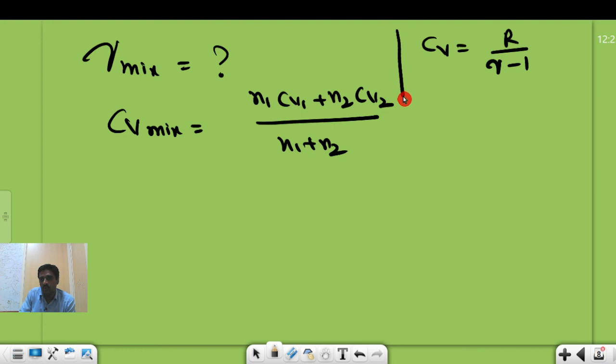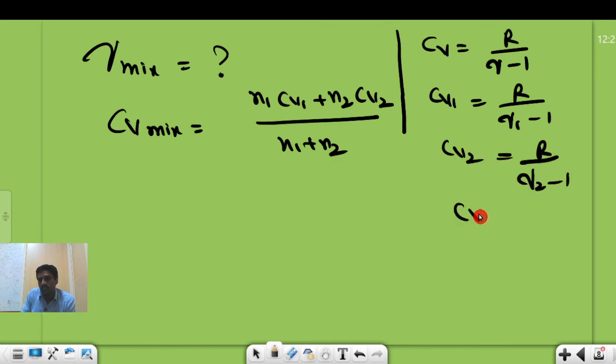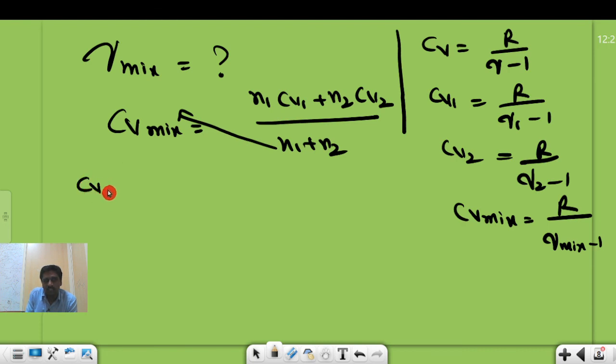This formula is known. Now Cv1 is equal to R divided by (gamma1 minus 1), Cv2 is equal to R divided by (gamma2 minus 1), and similarly Cv mix is equal to R divided by (gamma mix minus 1). Using this, Cv mix into (n1 plus n2) is equal to n1 Cv1 plus n2 Cv2.